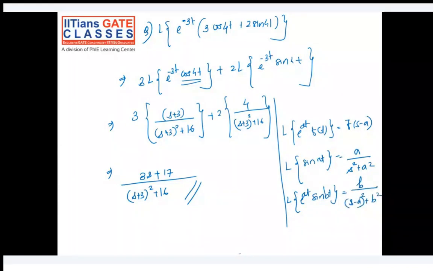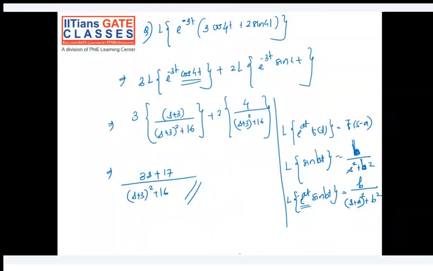Or let me write here b itself just to make you familiar. If you are multiplying e to the power at, you will write s minus a. If you are multiplying e to the power minus at, it will become s plus a. That's all. I hope this problem is clear to you all.